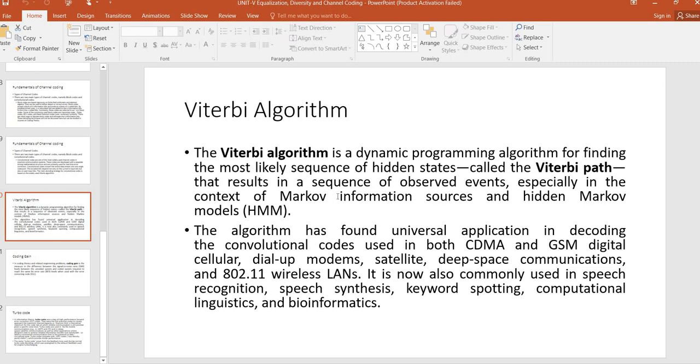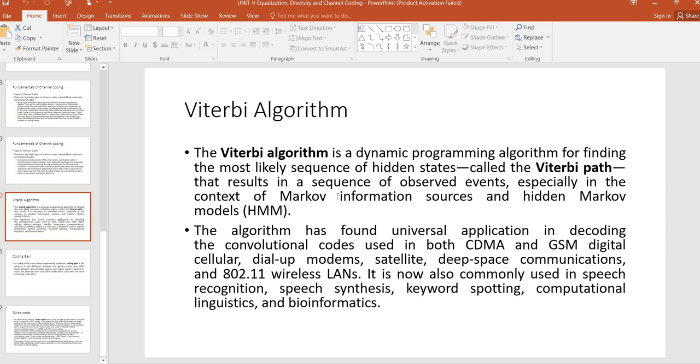The Viterbi algorithm is a dynamic programming algorithm for finding the most likely sequence of hidden states, called the Viterbi path, that results in a sequence of observed events, especially in the context of Markov information sources and hidden Markov models, HMM. So this Viterbi path is based on the context of Markov information sources and hidden Markov model HMM.